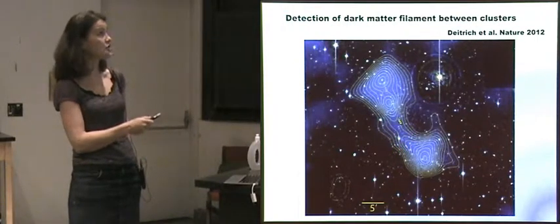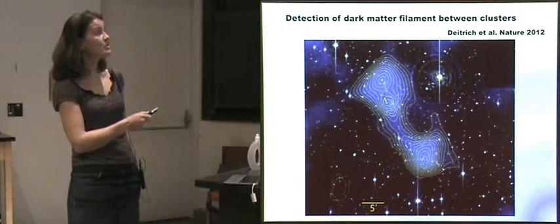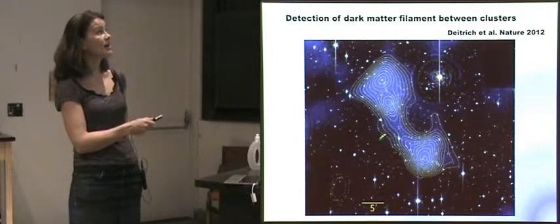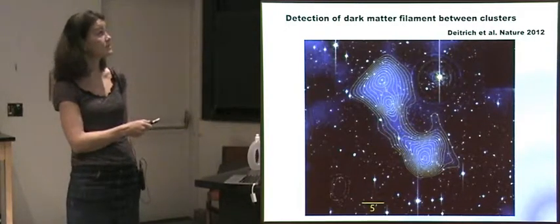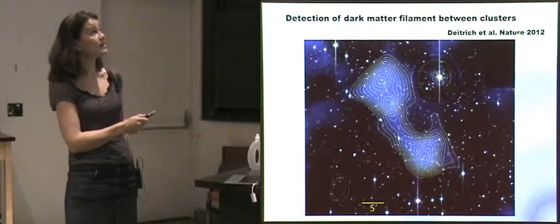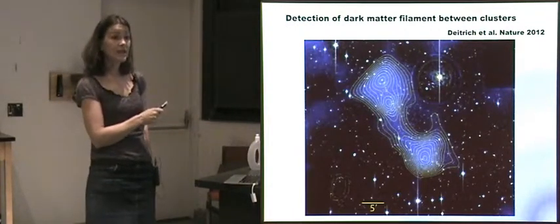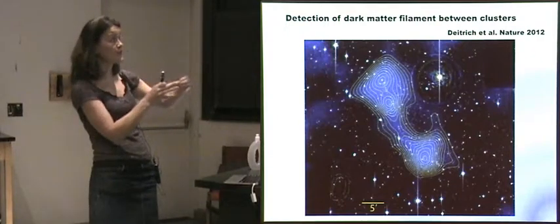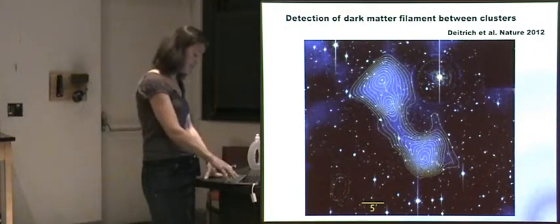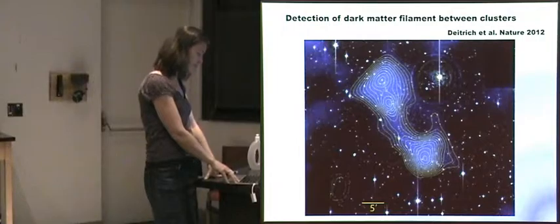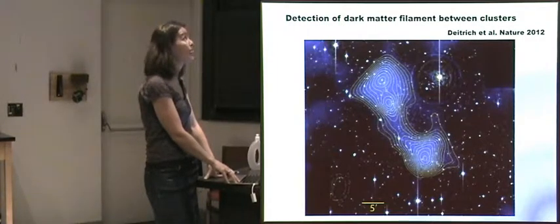And there's a very particular shape to that mass. This connection between the two clusters is our detection of a filament between the two clusters. And this paper appeared in Nature in 2012. So a very, very different detection method for these long tendrils or filaments of dark matter, which our simulations predict. And they're very important for galaxy formation.